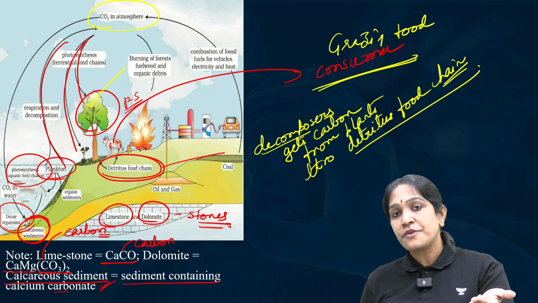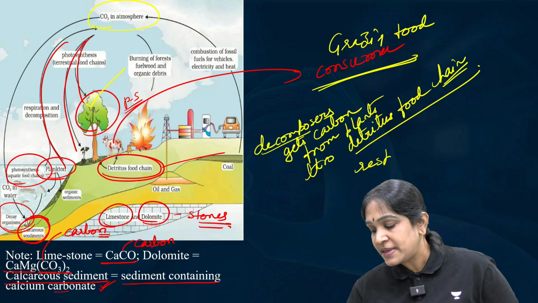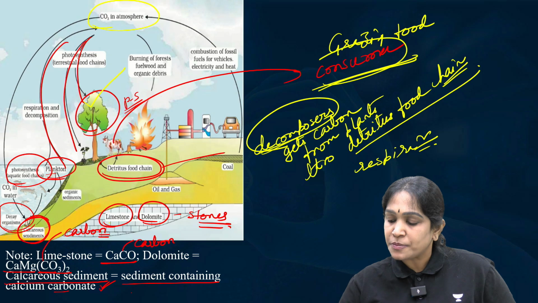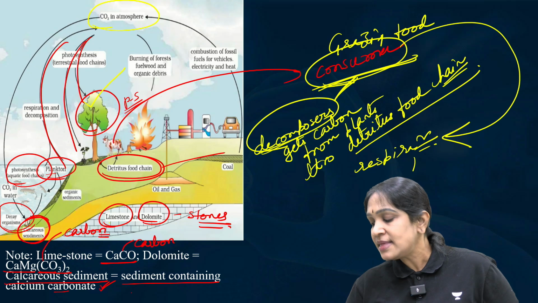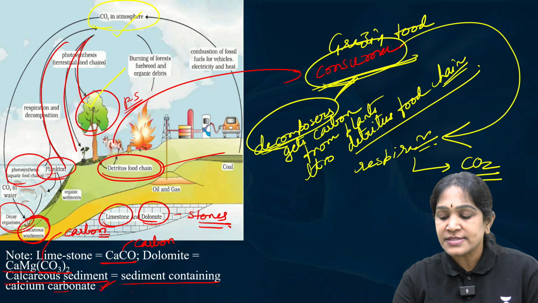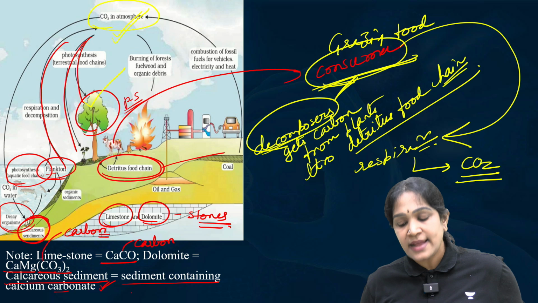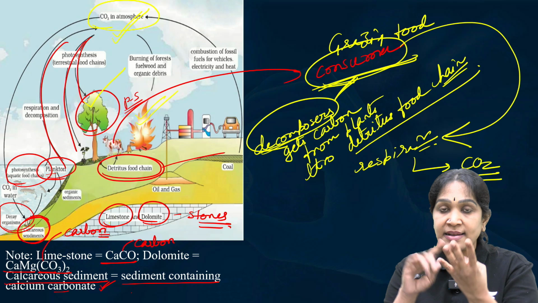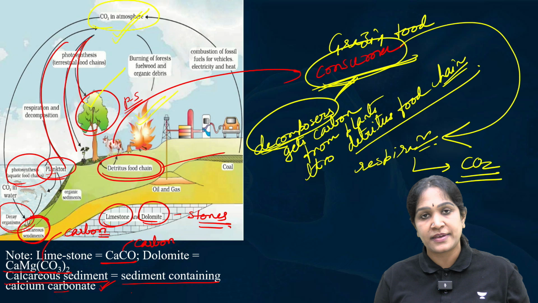Another source of carbon dioxide is respiration. These decomposers, consumers, all these organisms do respiration, and in respiration we release carbon dioxide. That is how carbon dioxide goes into the atmosphere. The other route is the burning of plants. Plants contain carbon, and when you burn them, the carbon goes into the atmosphere.